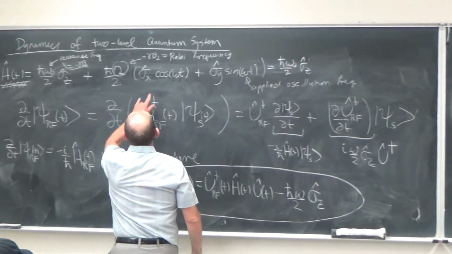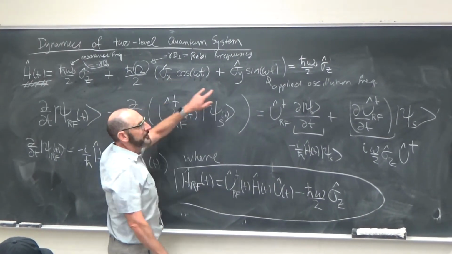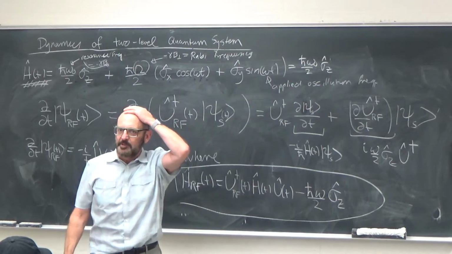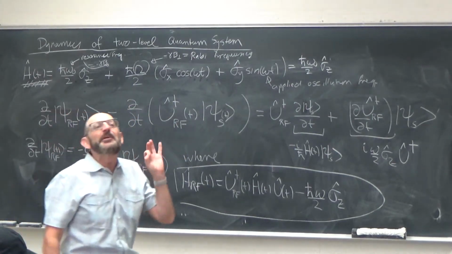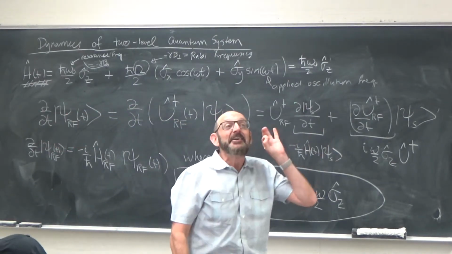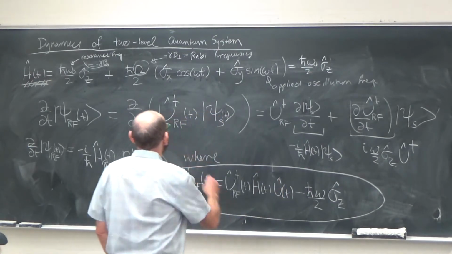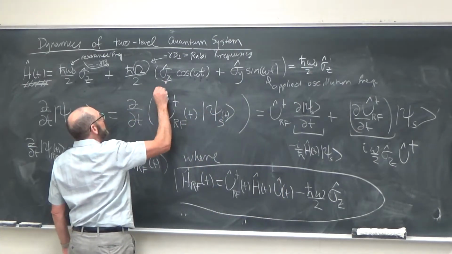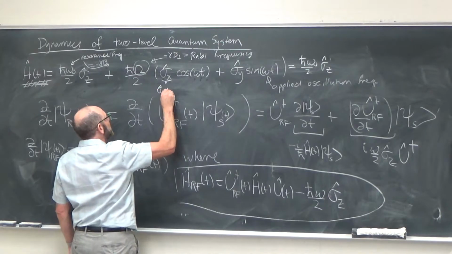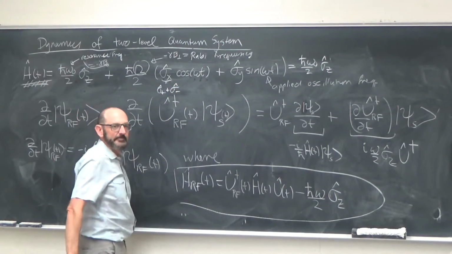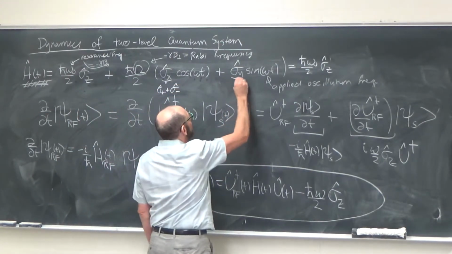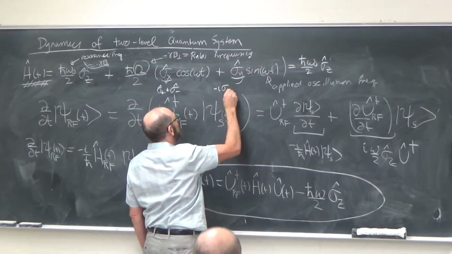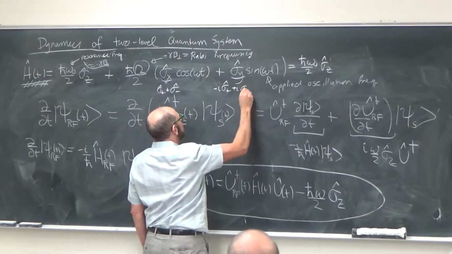I'm going to rewrite sigma x and sigma y in terms of sigma plus and sigma minus. So sigma x is equal to sigma plus plus sigma minus, and sigma y is equal to minus i sigma plus plus i sigma minus.